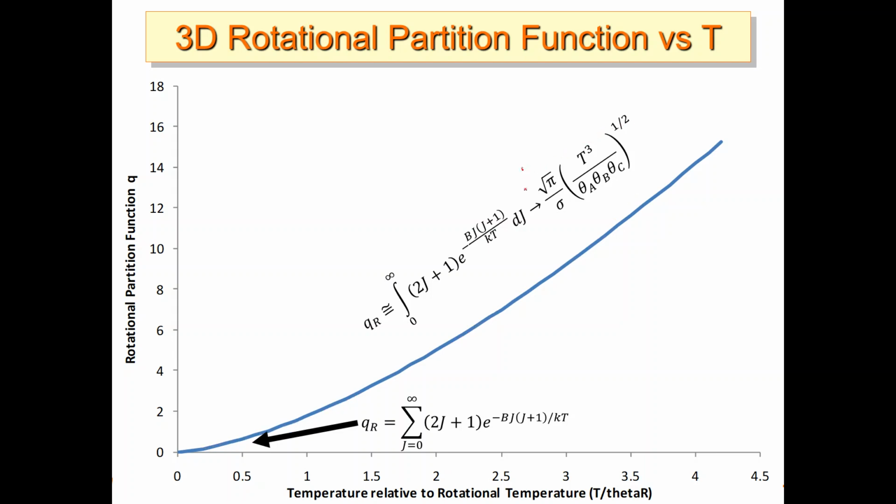So for all normal temperatures, anything 30 Kelvin and above, we're going to have this integral result for a molecular partition function. And if we're getting down to really cold temperatures, we might actually be able to count the individual levels. And in really cold temperatures, this just shows that the partition function goes to 1 and not to 0.